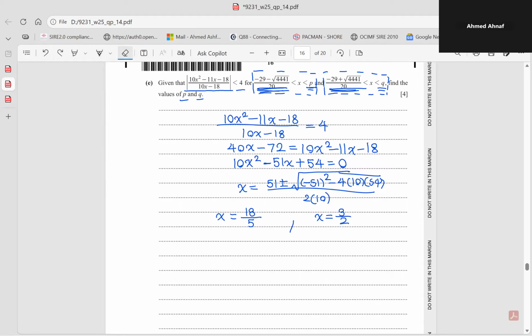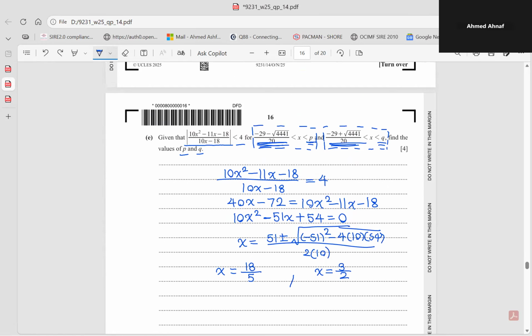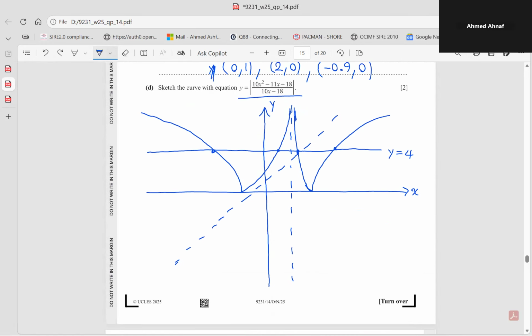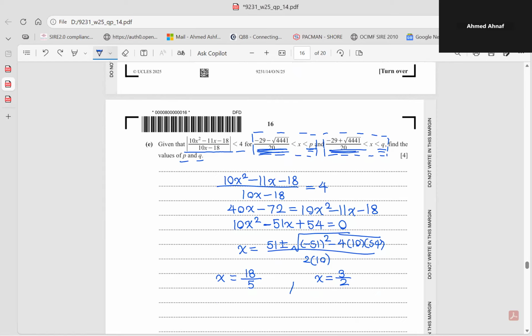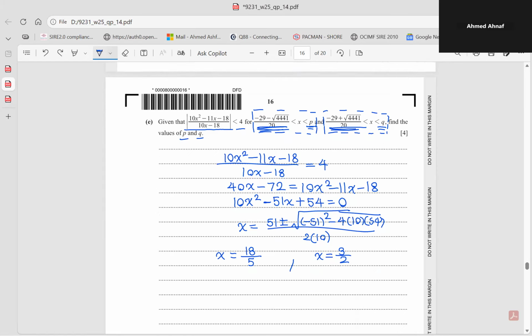All right. So we found our P and Q, but we don't know which one is P and which is Q. So now we're going to use the graph that we drew here. By comparison, 3 over 2 is 1.5, and 18 over 5 is 3.6.